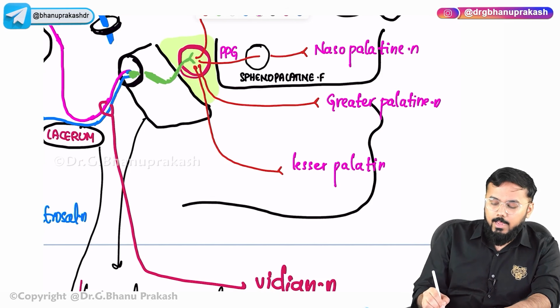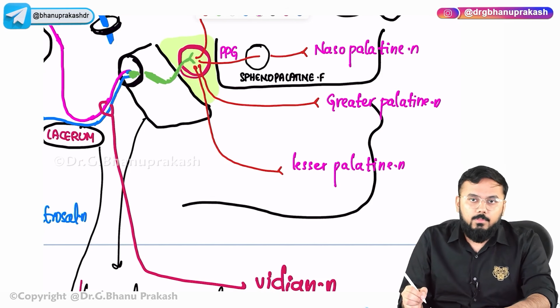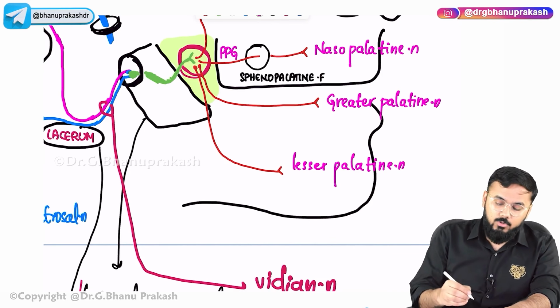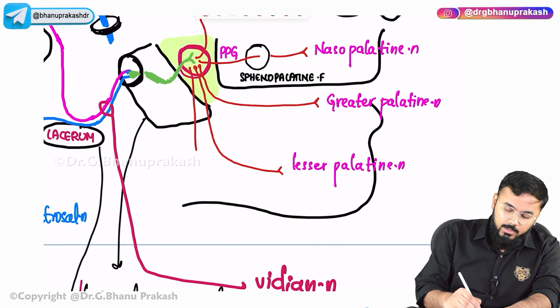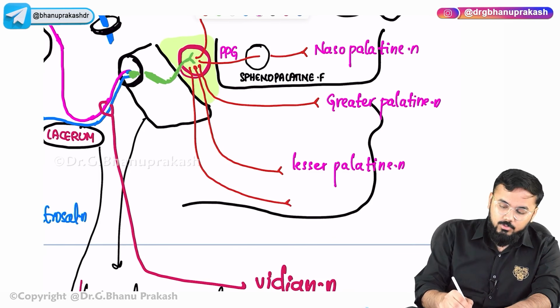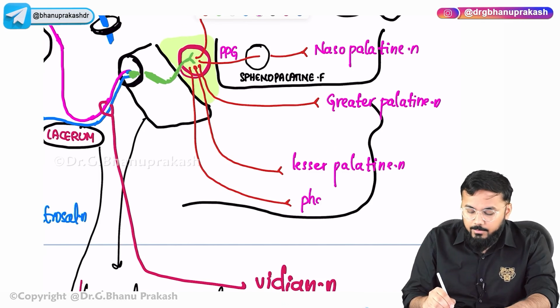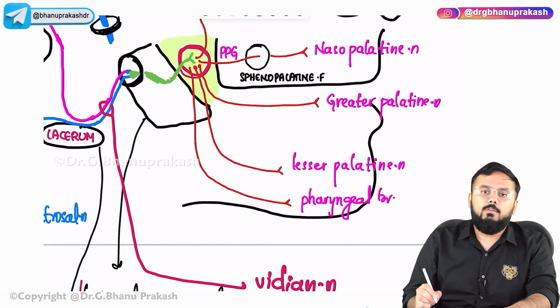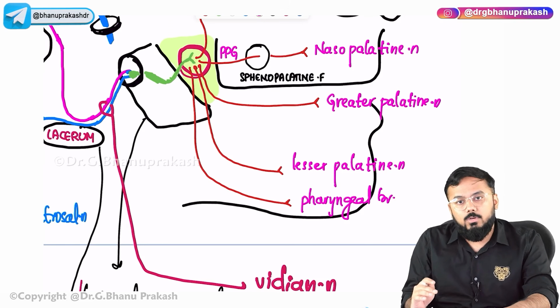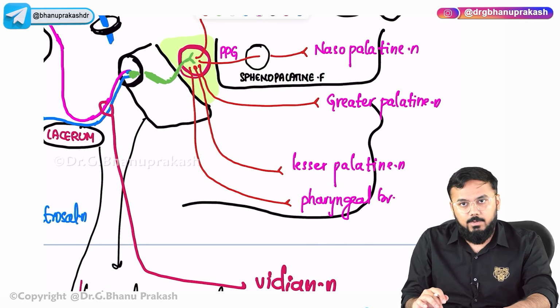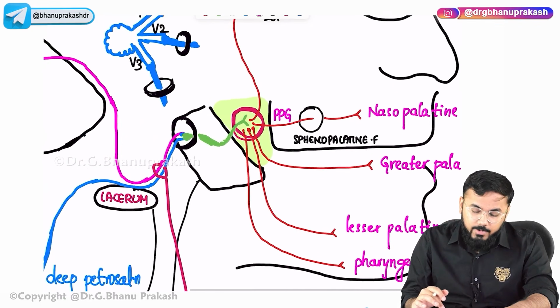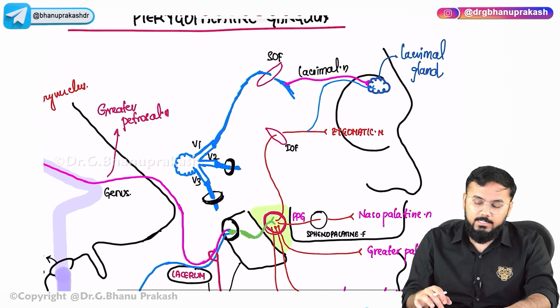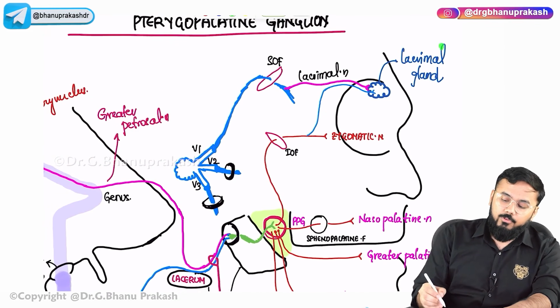Greater palatine and lesser palatine nerve. Another branch comes, called the pharyngeal branch. So what are the branches here? One is the greater palatine, another is the lesser palatine, and another is the pharyngeal branch.